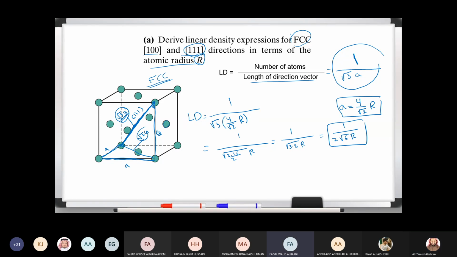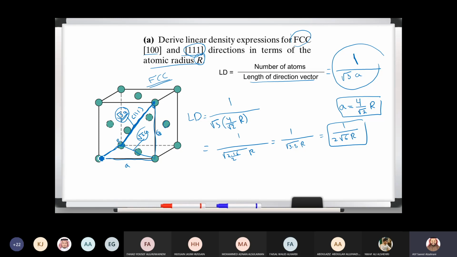When he wrote 100 here, what did he write? 100. So 100, like this, right? Yes. The question is divided into two parts, 100 and 111, two different parts. Okay, is it clear now? So 100, how many atoms here? The same, it will be 1, right? Yes.